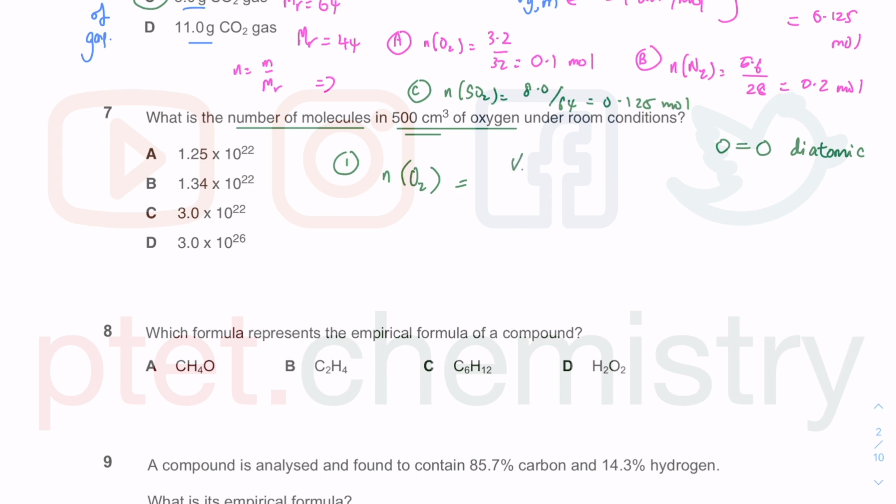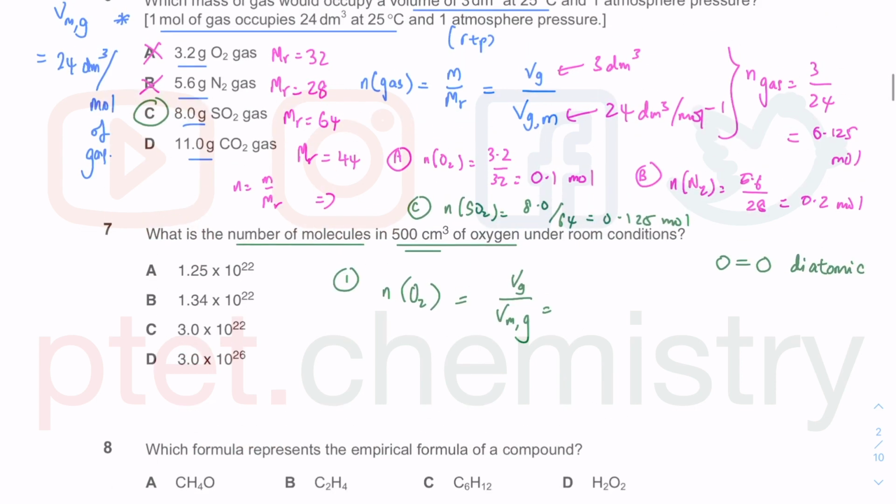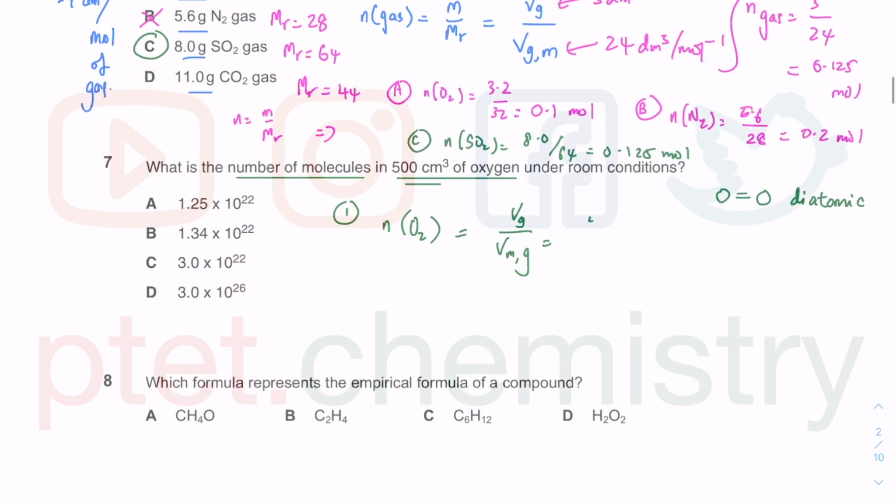We will do volume of gas divided by molar volume of gas. Typically, like in the previous question, we use 24 dm³ per mole for any gas. But if given the volume in cm³, we have two choices.